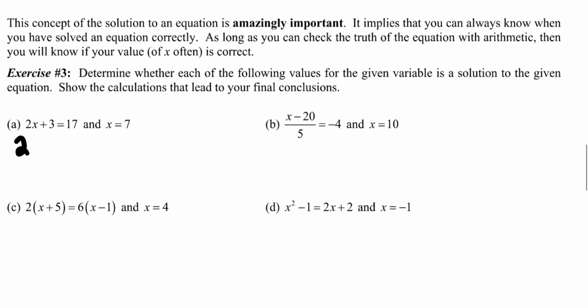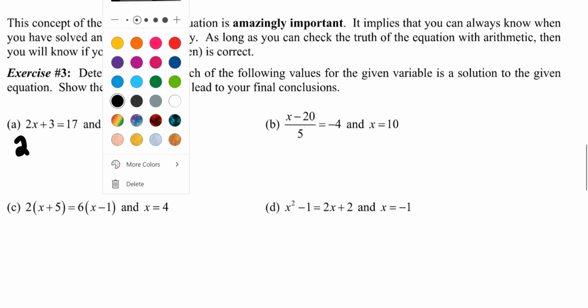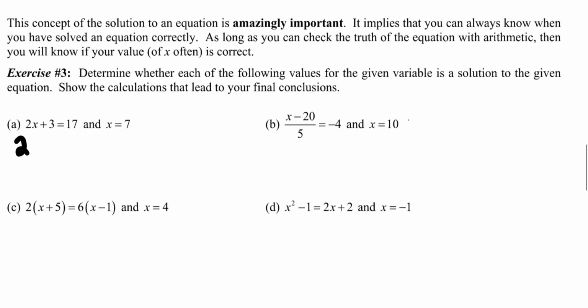No problem. So that means 2 times, what did they say, 7, plus 3 equals 17. 2 times 7 is 14. Plus 3.